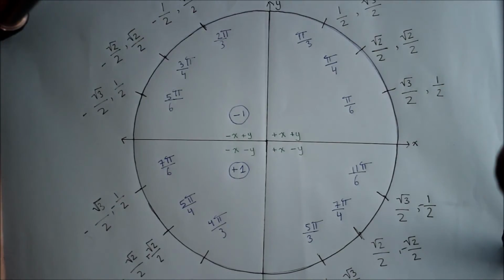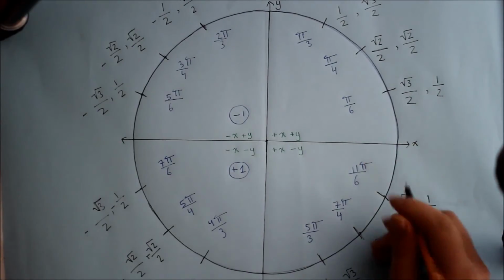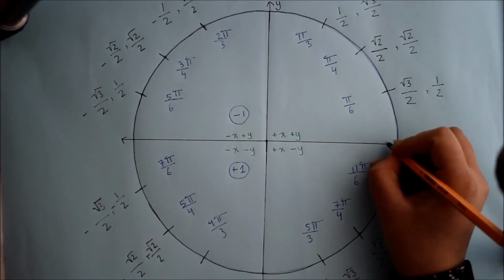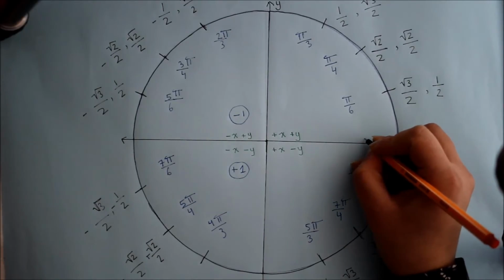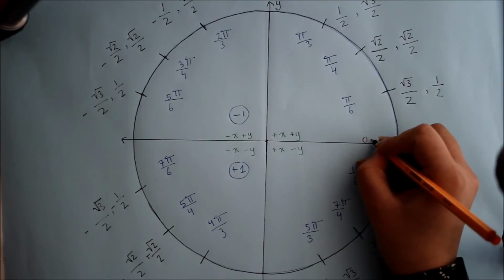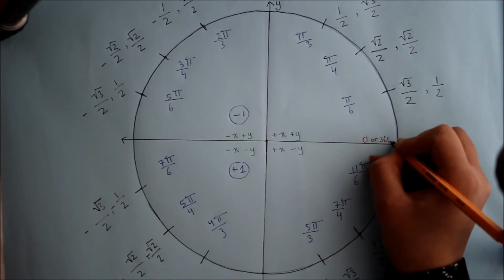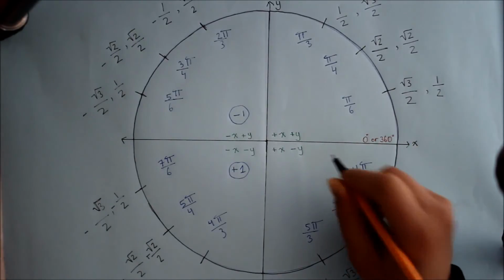Now, we also have a pattern for degrees that's fairly easy to remember. We can start by this value, and this is usually 0 or 360 degrees depending on where you start.